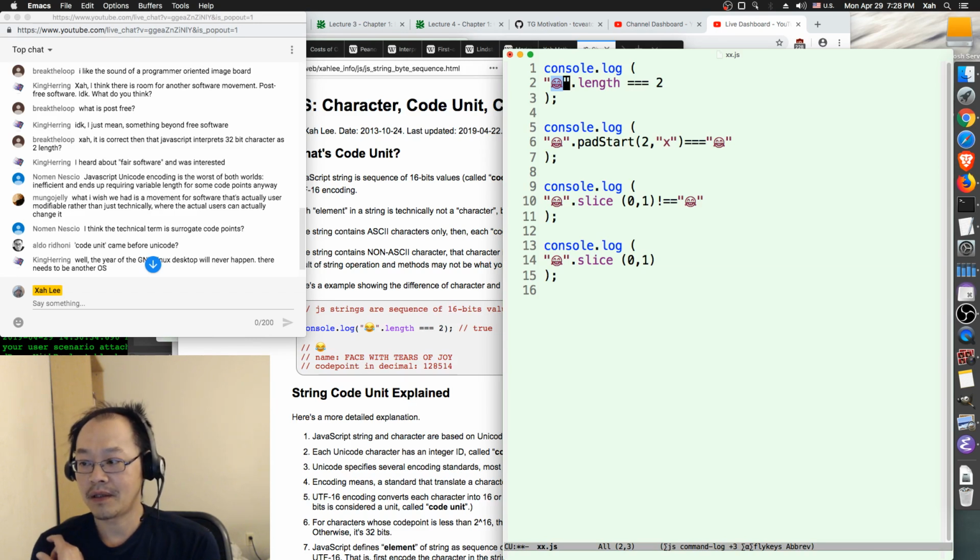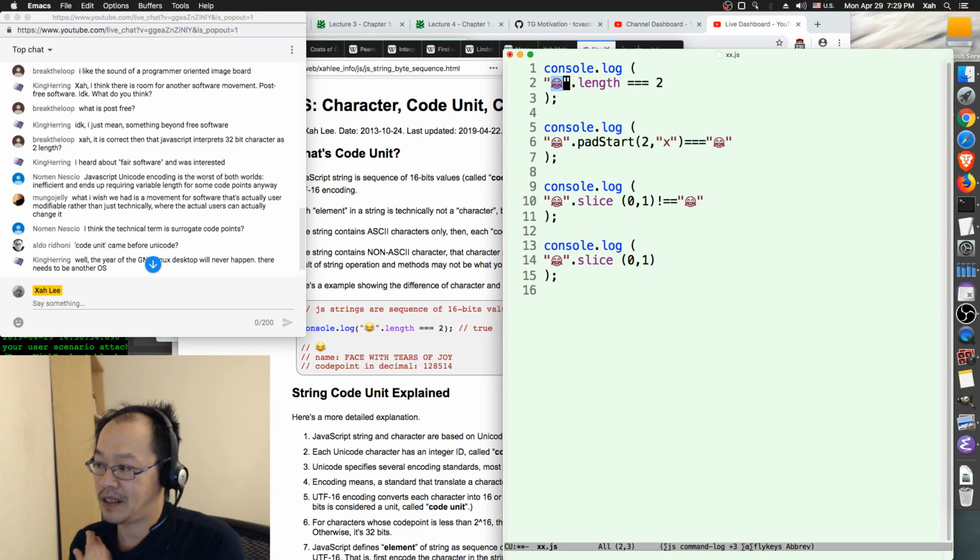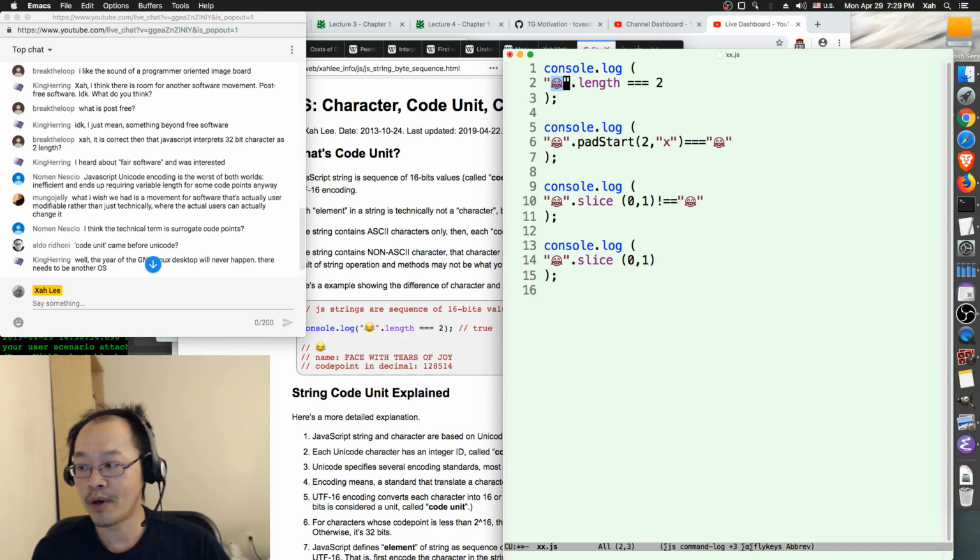Because remember, the characters that require 32 bits in UTF-16 encoding are those whose code point is beyond 16 bits, 2 raised to 16.